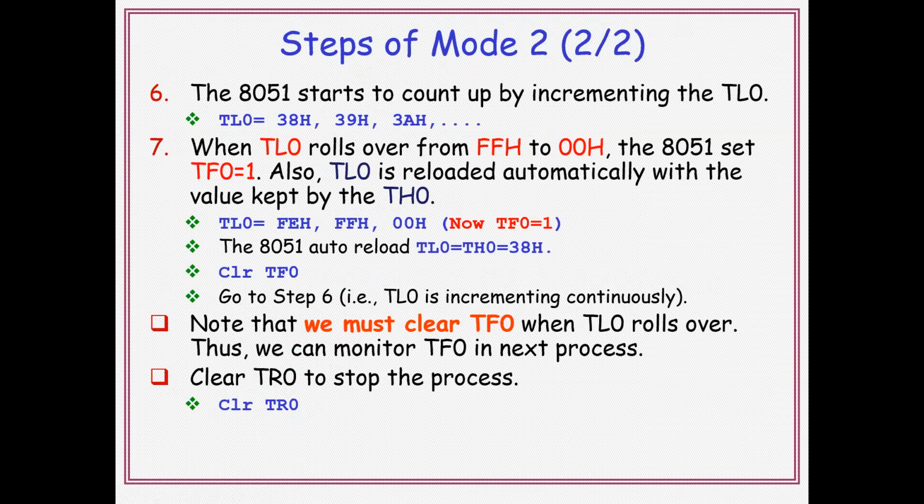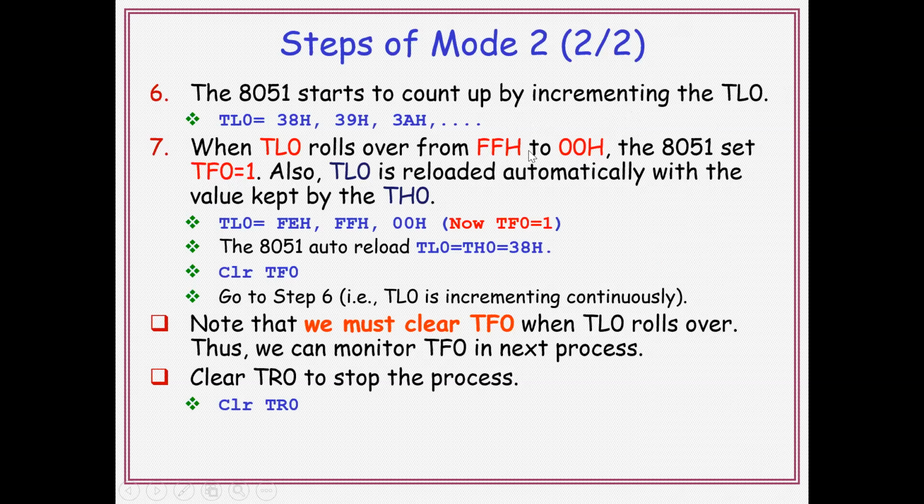Next, the 8051 starts to count up by incrementing TL0: 38, 39, 3A, and so on. When TL0 rolls over from FFH to 00H, the 8051 sets TF0 equal to 1 because we are using timer 0. Now timer 0 overflows.